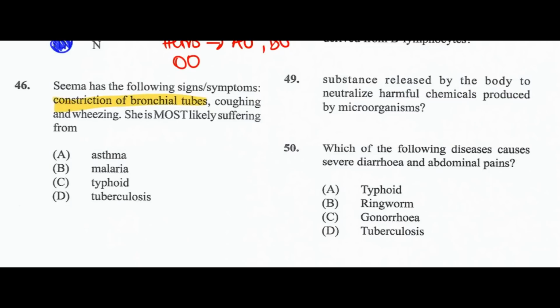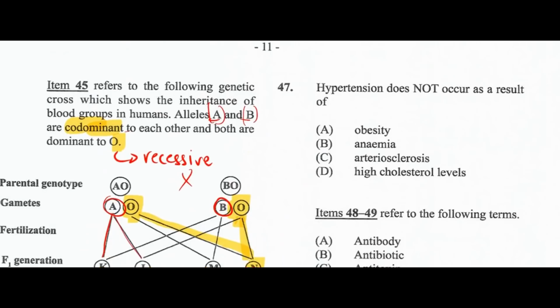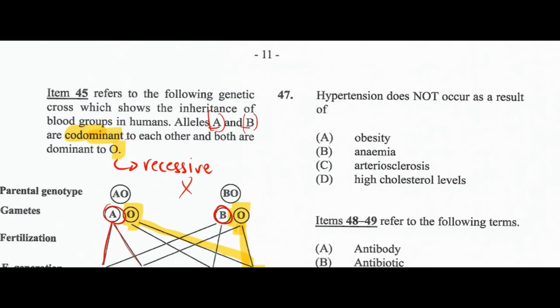The gas helps your bronchial tubes to relax and open so that air can pass through. And wheezing, so that sounds like asthma to me. Malaria, definitely not. Typhoid comes with coughing and such, but isn't that either. Tuberculosis comes with bleeding. So yeah, best answer I see there is asthma.